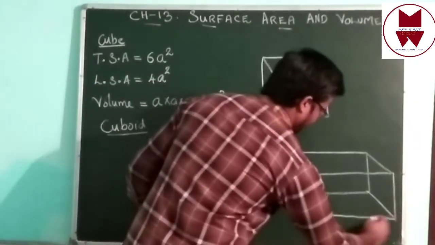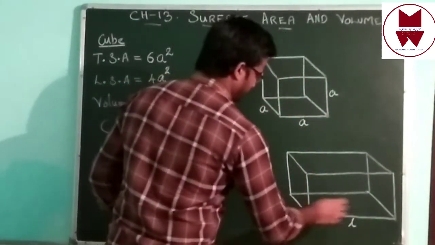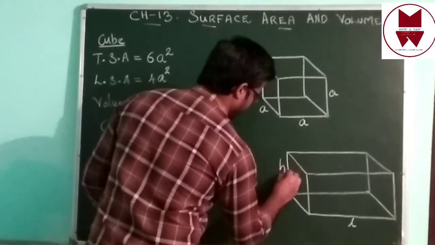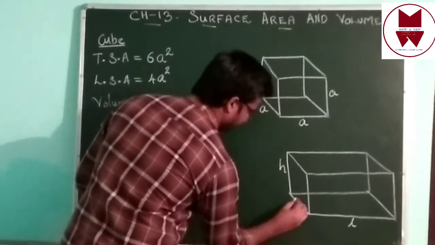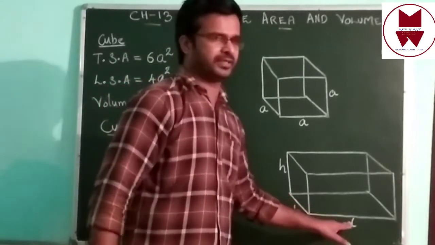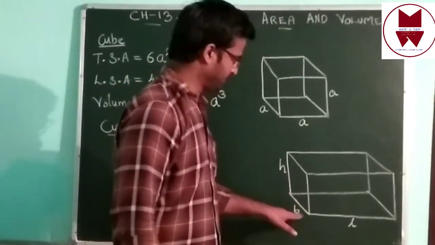Then this part we can write length L, small letter L, and then this is height H, then this part is width, we can write B. L means length, H means height, this width we can write B.